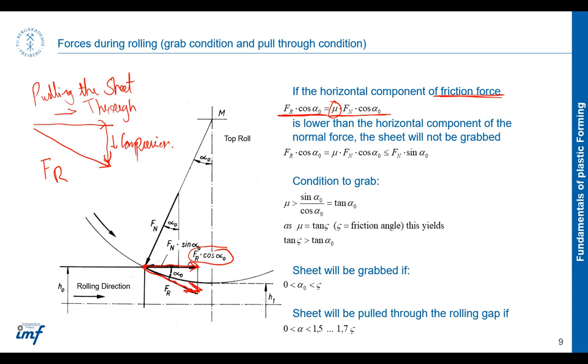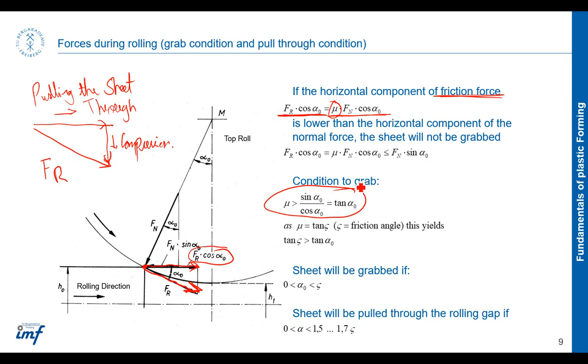So generally, doing a little bit of arithmetic, we come to this conclusion. So if we want to have a grab condition here, the friction coefficient should always be higher than this condition, so tan of alpha.